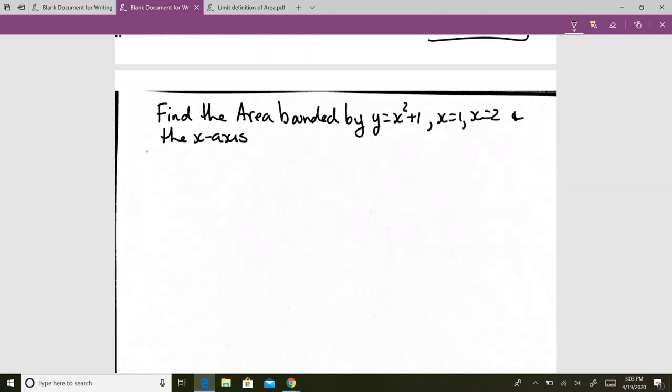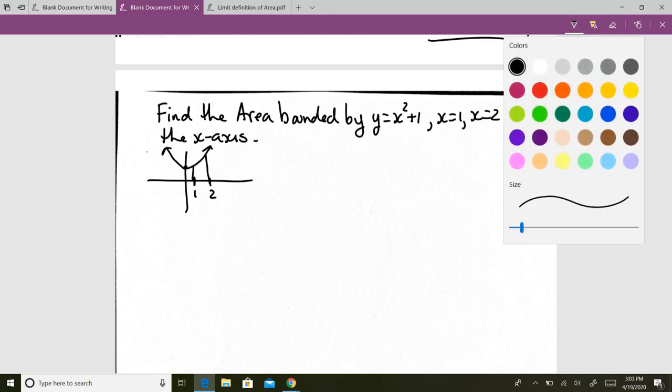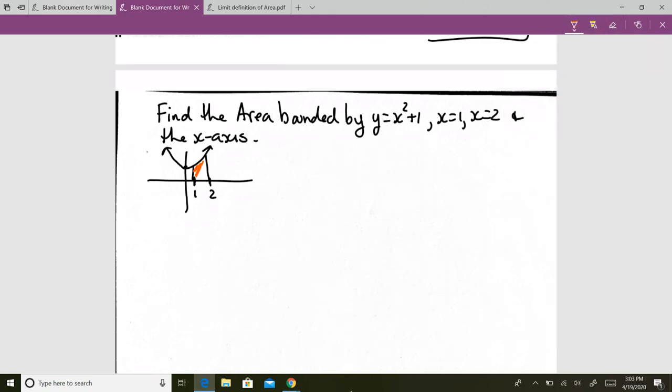I always do a quick sketch. You don't have to, but I just like it. The parabola y equals x squared plus 1 looks like that. x equals 1 is there, x equals 2 is there, and the x-axis. We're finding this area in here.